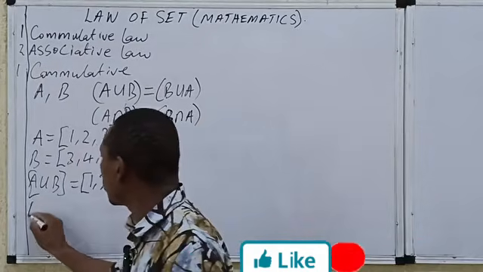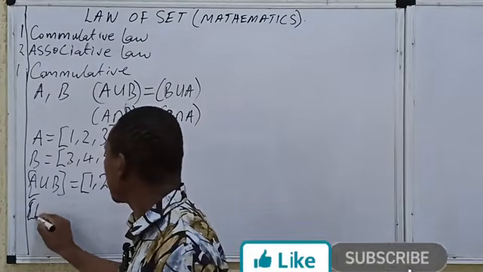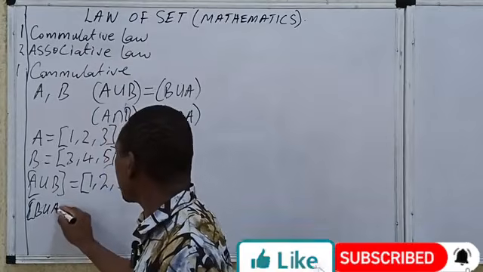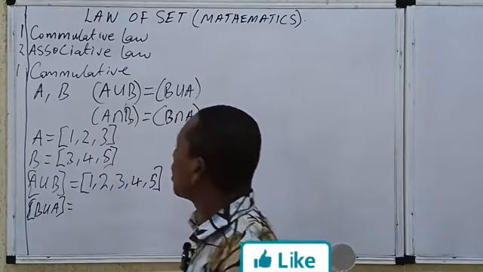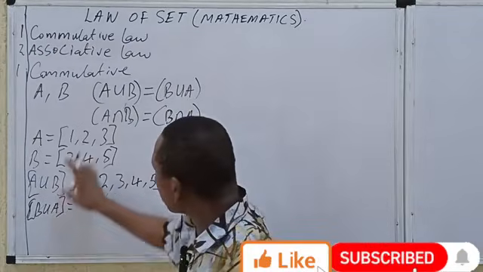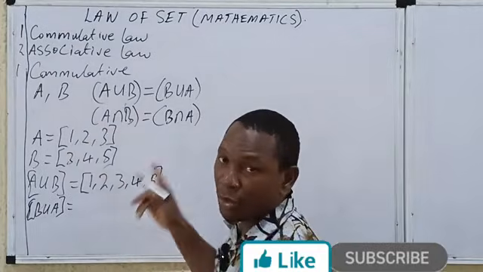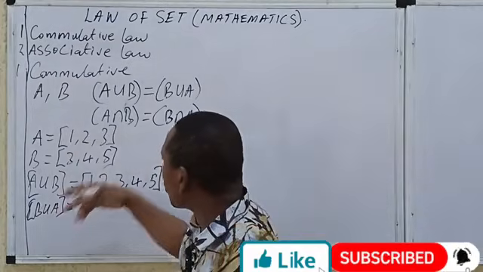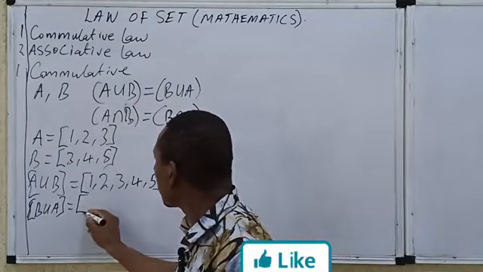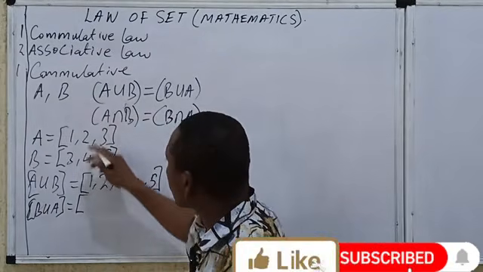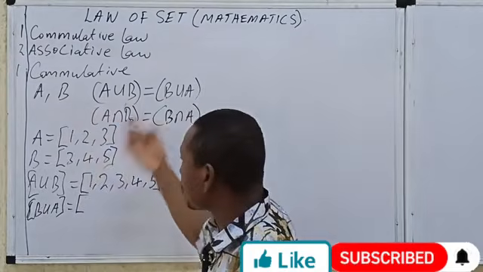So let's look for the set B union A. I'll still pick all the elements in both. Anyone that is occurring more than once, I'll just pick 1. So B union A, you can start picking from here, you can start picking from here, you still get the same thing.